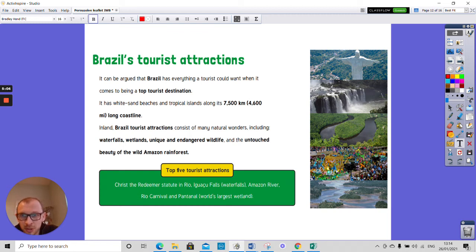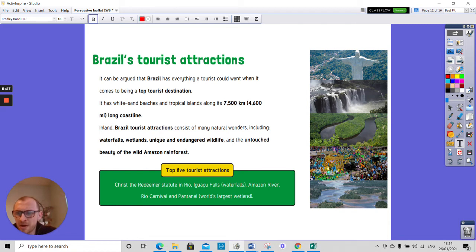So here are some of the tourist attractions. A lot of people argue that Brazil has everything a tourist could want when it comes to being a top tourist destination. It's basically got something for everybody. If you enjoy relaxing along the beach, then there are 7,500 kilometres of white sandy beaches along the coastline with tropical islands as well.